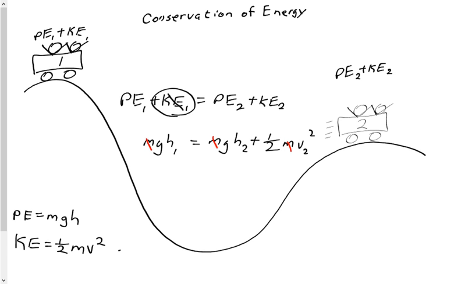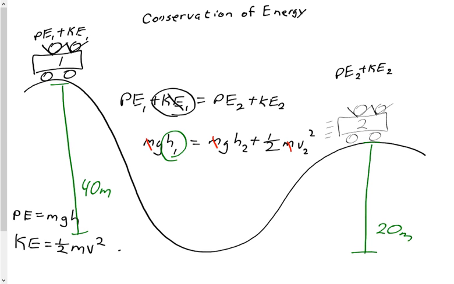Let's say, just for fun, that this is a height of 20 meters, and this is a height of 40 meters. So this value here would be 40, this value here would be 20, and of course g is 9.8, and we would go ahead and rearrange to solve for the velocity.